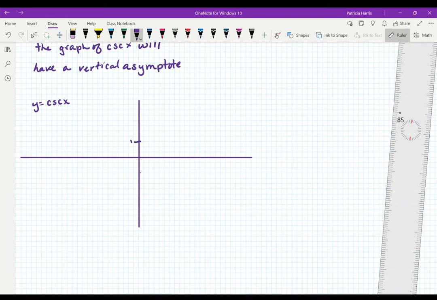So again, we're just going to graph normal sine, and usually what I do is I dash it out so I can see what's going on.